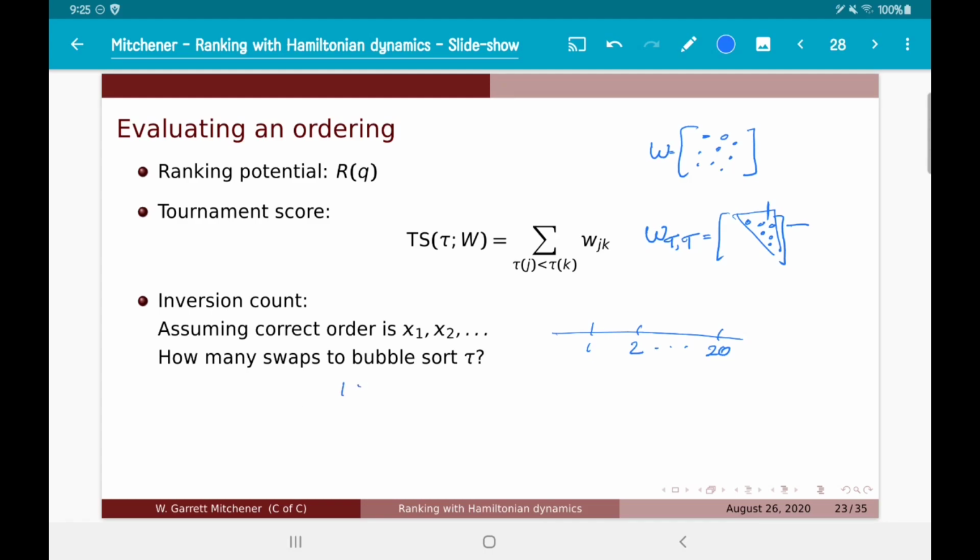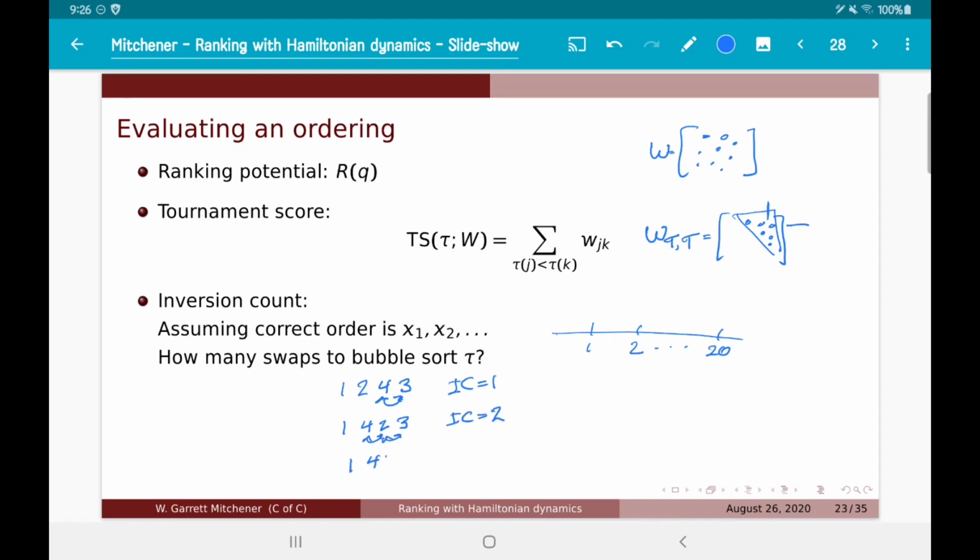So, for example, if I had 4 items and my permutation gave the ordering 1, 2, 4, 3, well, there's one swap here to get it into the correct order 1, 2, 3, 4. So for this, the inversion count is equal to 1, whereas if I had 1, 4, 2, 3, I would have to swap the 4 and the 2, and then swap again, and so that would give me an inversion count of 2.